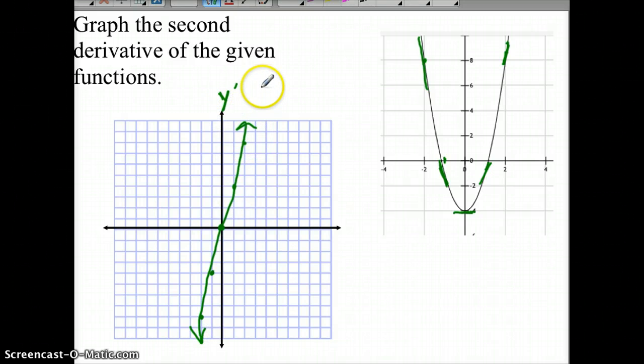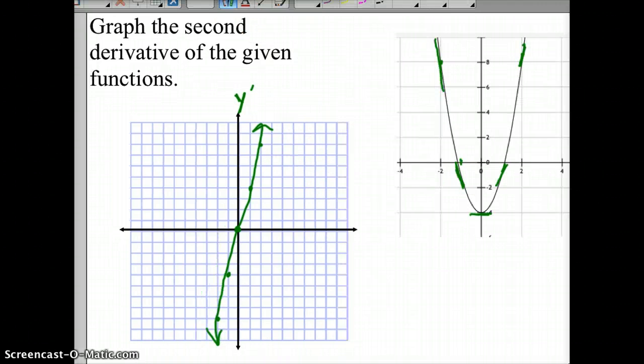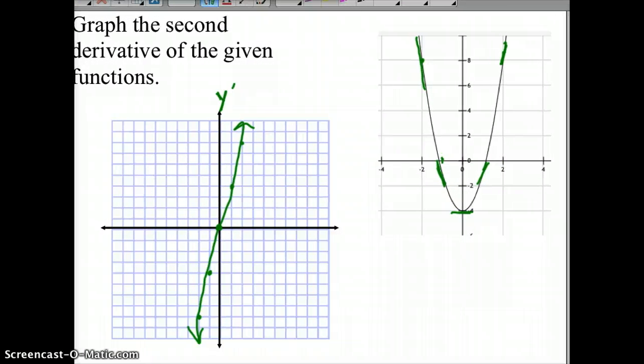Okay, what would the second derivative look like? Well, the second derivative, I wish I could change my pen color here. Oh, I can. All right. Second derivative is the derivative of this. So at -2, we've got a pretty positive value, maybe 8 again. At -1, less steep, but still positive, so maybe 4.